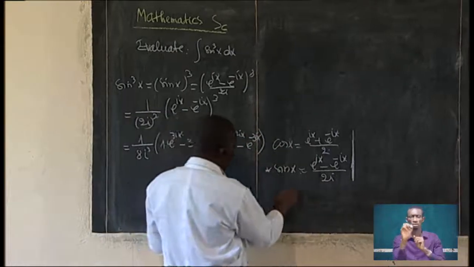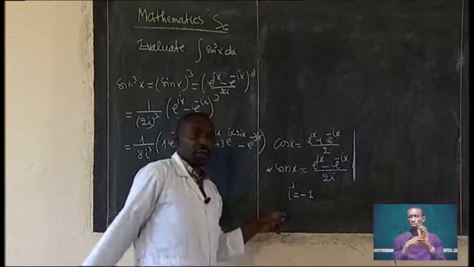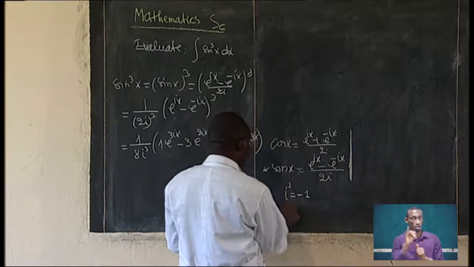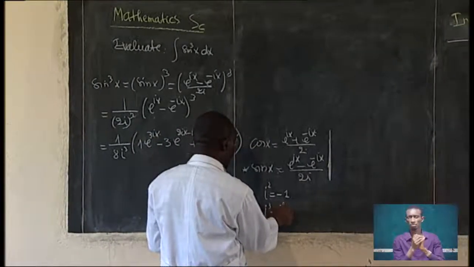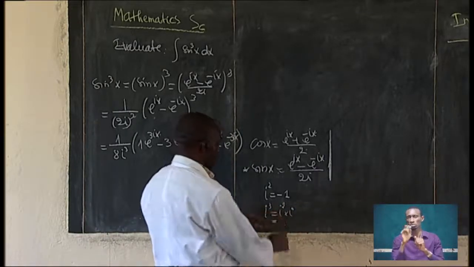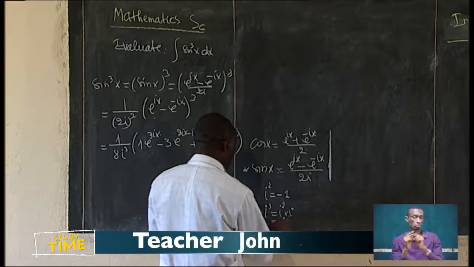Remember that i squared is equal to minus 1, the complex numbers. So i power 3 is equal to i squared times i. As i squared is minus 1, I have minus 1 times i, which is equal to negative i.